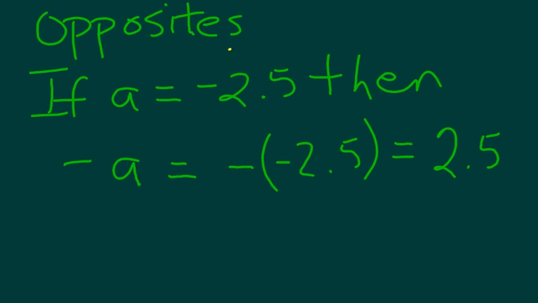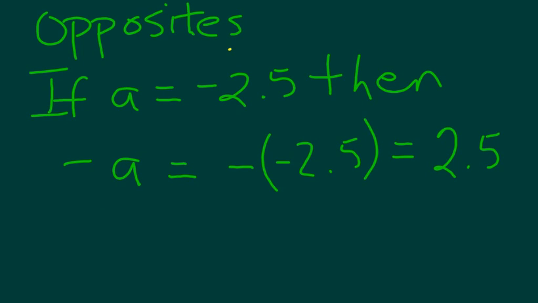Okay, opposites. The opposite of negative 6 is 6. The opposite of 7 is negative 7. But you need to think algebraically. So, when it says if some number A equals negative 2.5, then the opposite of A would be negative A. That's the opposite, right?